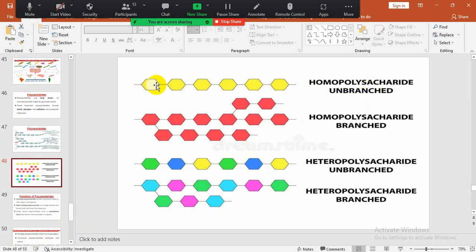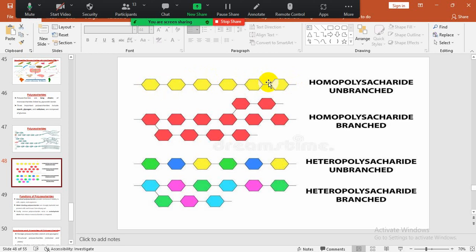Homopolysaccharide means that homo means the same. For instance, if Annabelle were to give birth to sextuplets, and 6 children came and they are identical, we say they are the same.